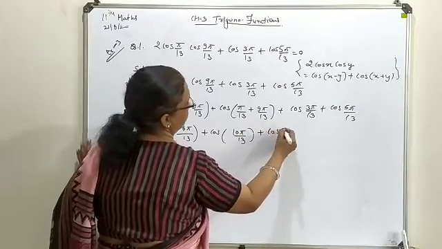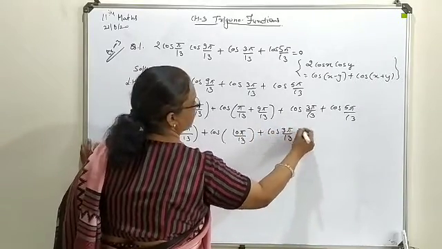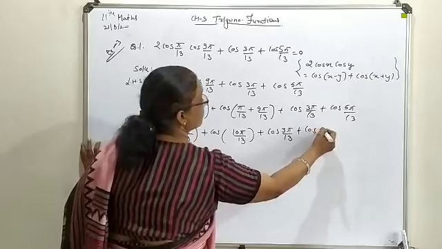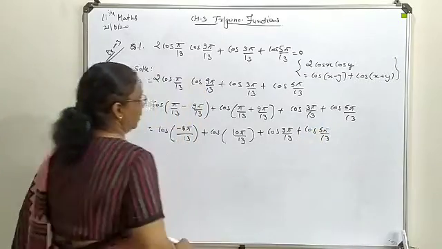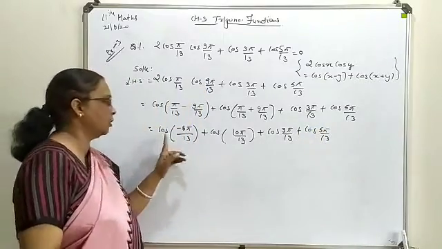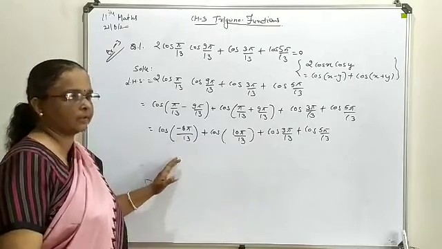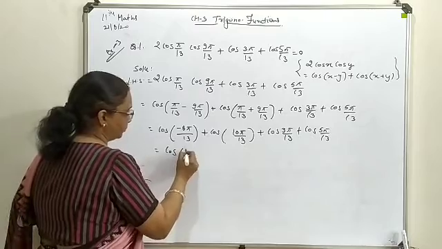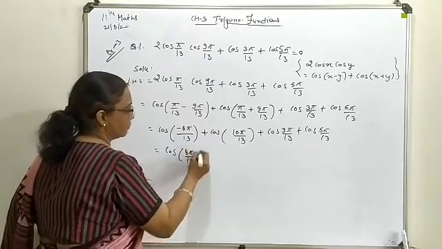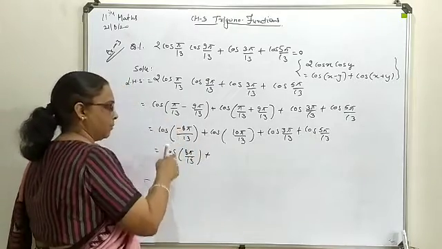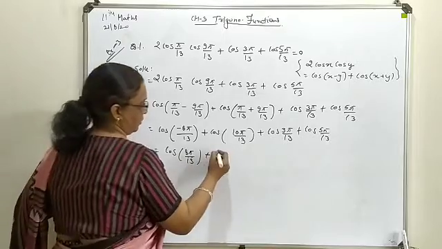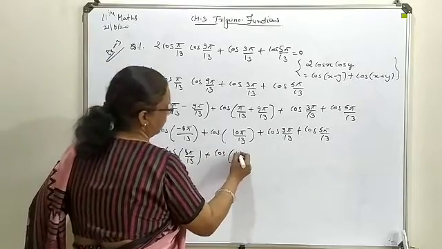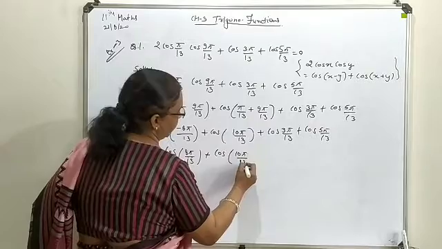These two no need to touch. Now we know cos of minus theta is cos theta, so as such this will be carried with the positive sign. And even after this step you can skip to this step, because the others are not going to be affected over here.